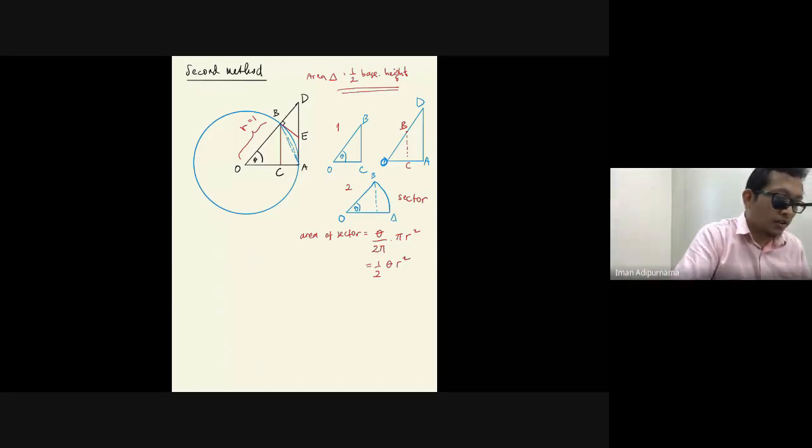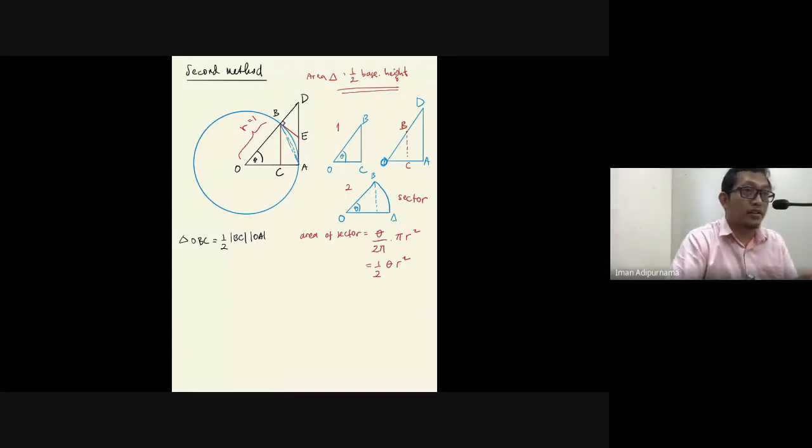So let's look at the small triangle OBC. The area of OBC is half, and because it's the same triangle, I can make it OA.